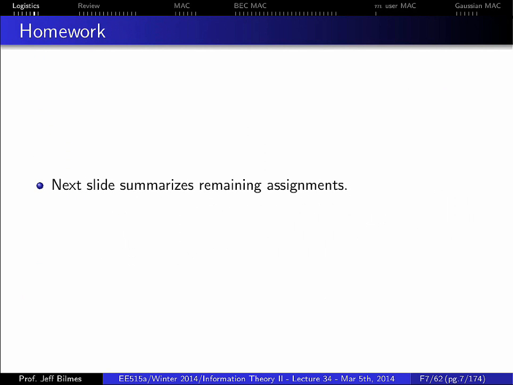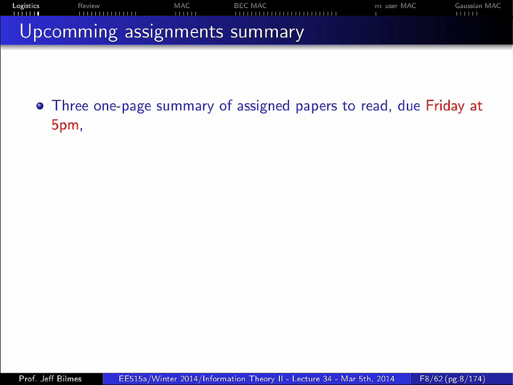The next slide summarizes all of the remaining assignments that you have. Just to remind you, this Friday at 5 p.m., everybody has 3 one-page summaries of the papers that you were assigned to read, uploaded to our Dropbox or something. Once done, I will then resort them and assign them to the primary reviewers of the paper to actually grade by the following Tuesday.